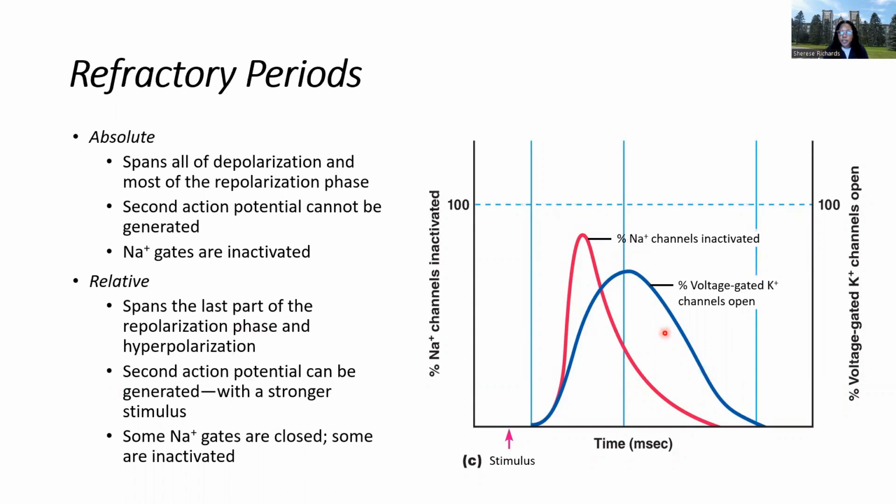For the relative refractory period, it spans the last phase of repolarization going into hyperpolarization. So notice here, if we look at the permeability for potassium, this blue curve, we can see that the permeability is going down, but it's not all the way to 0. So some of those voltage-gated potassium channels are still open. And so it's going to be harder to get to another -55 in this state until all of these voltage-gated potassium channels close.